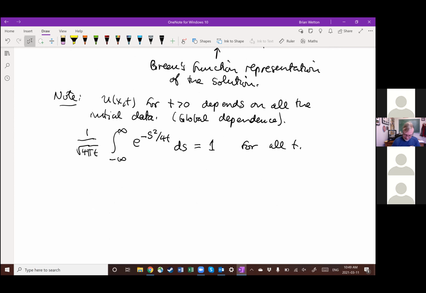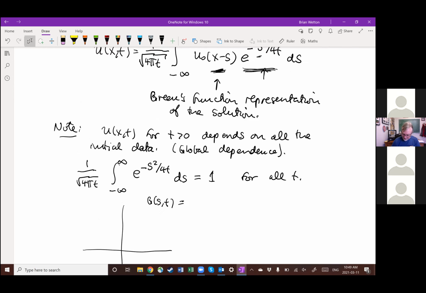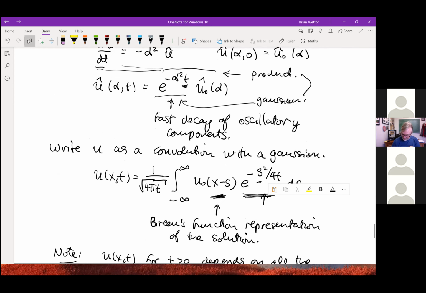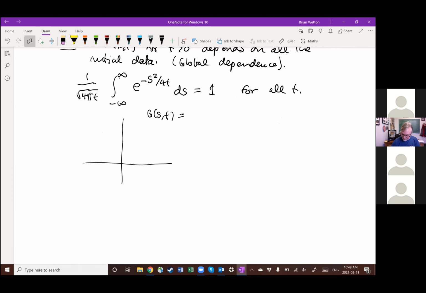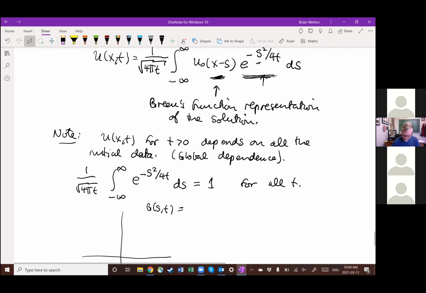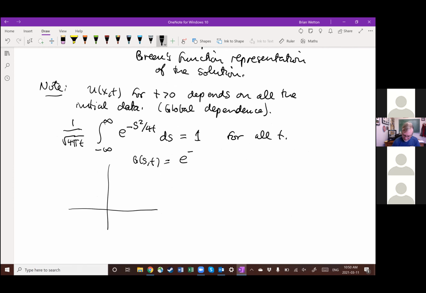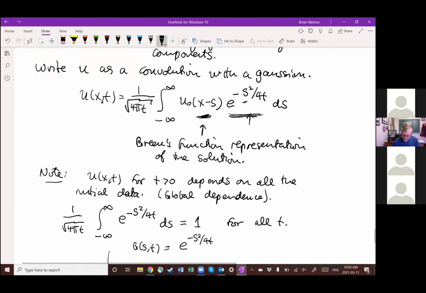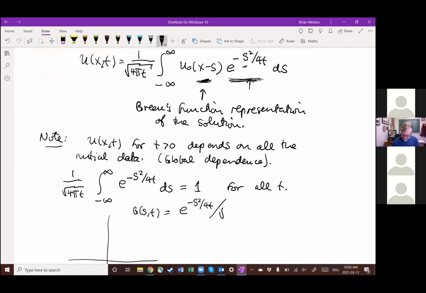And if I draw this thing, right, let's look at g of s and t. That's this thing that I'm convolving with, e to the minus s squared over 4t, with the normalizing coefficient divided by 4 pi t.